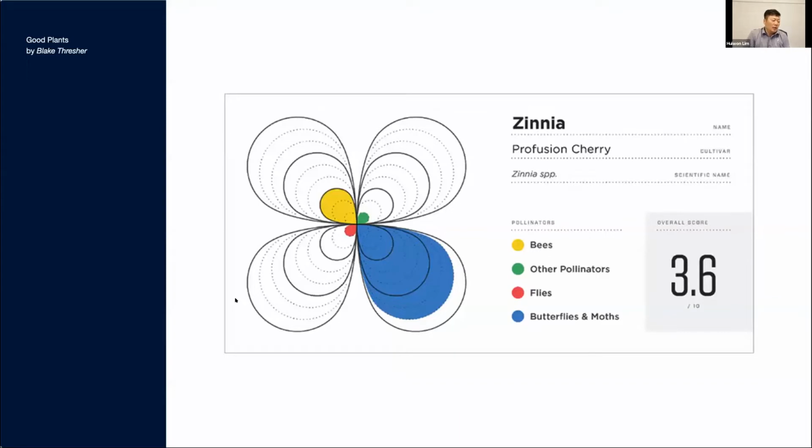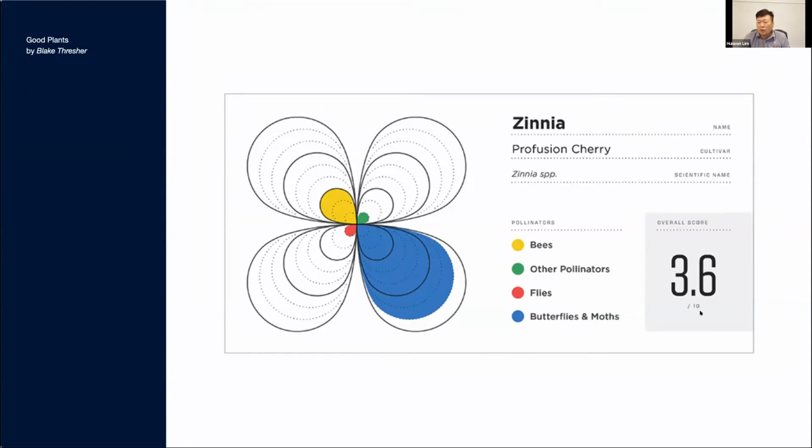So this is the data visualization Blake designed with the data. So this is all about the 4 flowers on it, and each cultivar represents the different pollinators. The yellow is bee, and the green is other pollinators, and the red is flies, and the blue is butterflies, and also it has the amount of pollinators the flowers can attract.